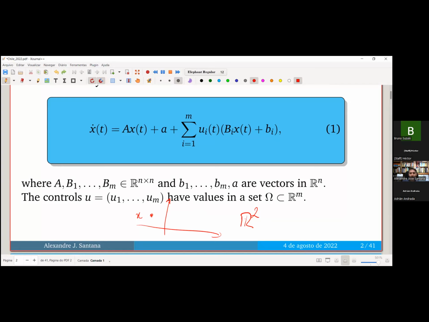In other words, we ask if it's possible to find controls U such that for every two points that we choose in this Euclidean space, we can go from one point to the other using the concatenation of the solutions of the system.